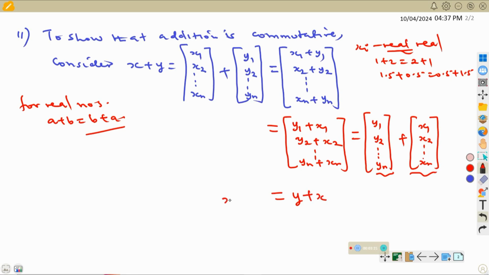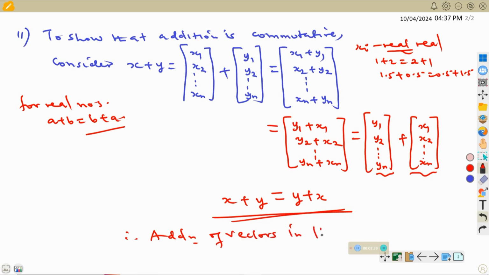So clearly we can say that x plus y is actually same as y plus x. Therefore, addition of vectors in R to the power n is commutative.